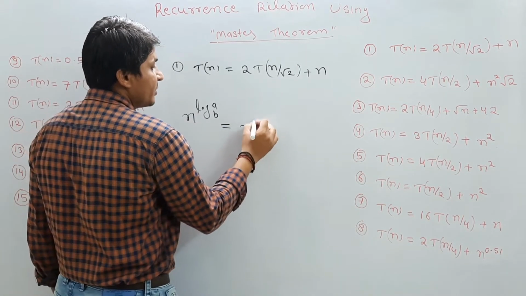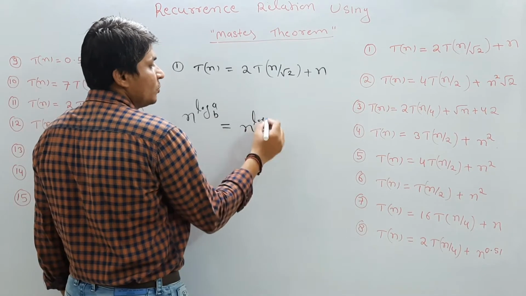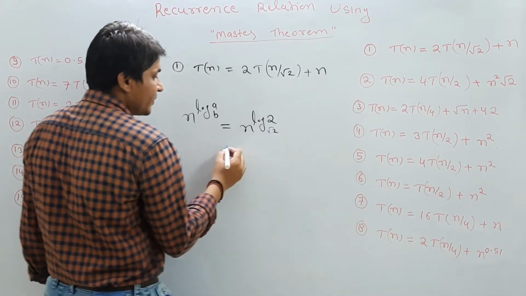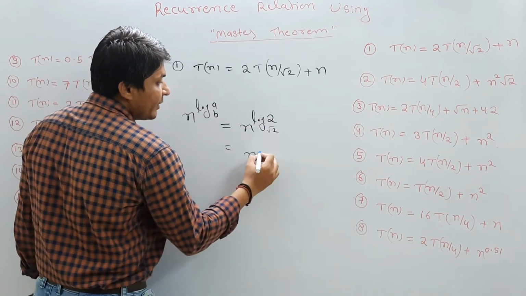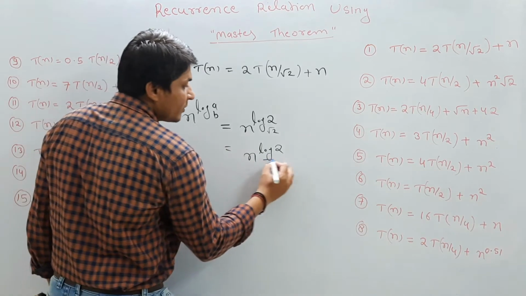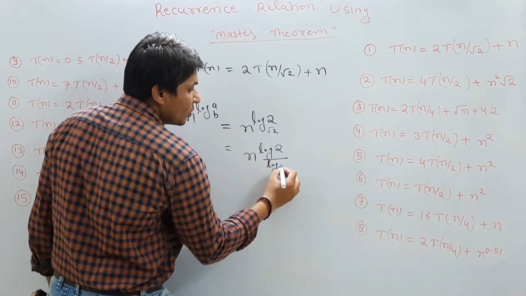So let us substitute this. n raised to power log a base b, where a is 2 and b is root 2. Now if you simplify this, it is going to be n raised to log 2 upon log root 2.